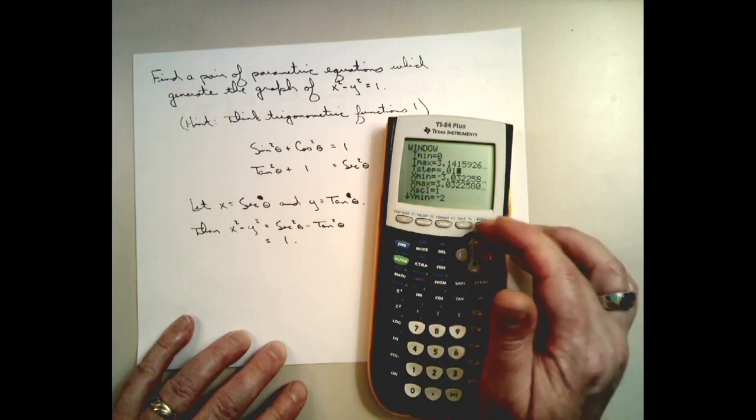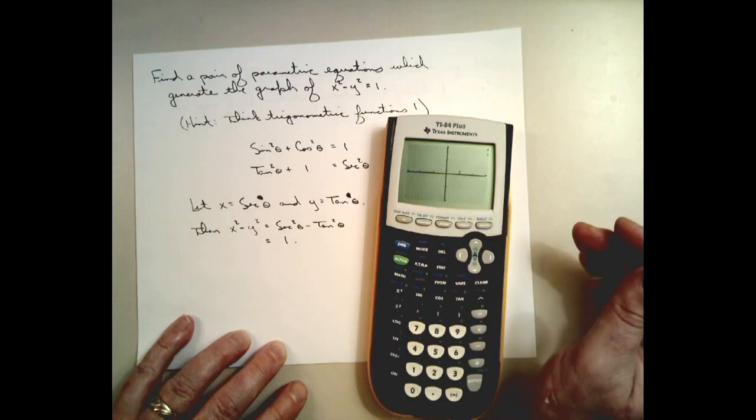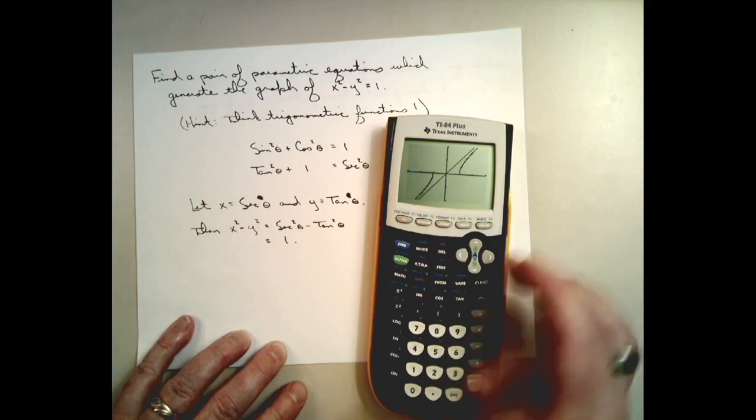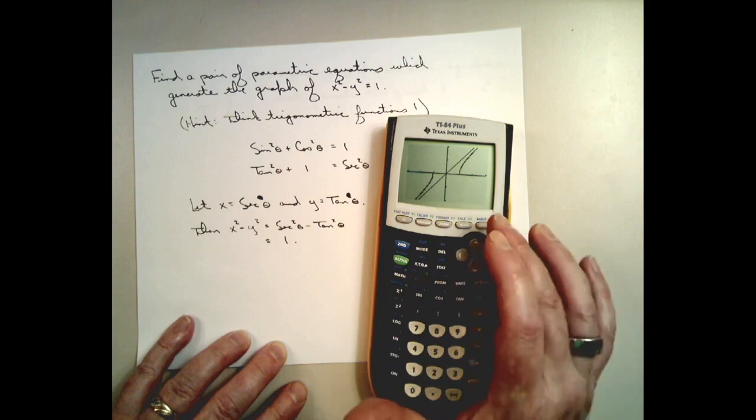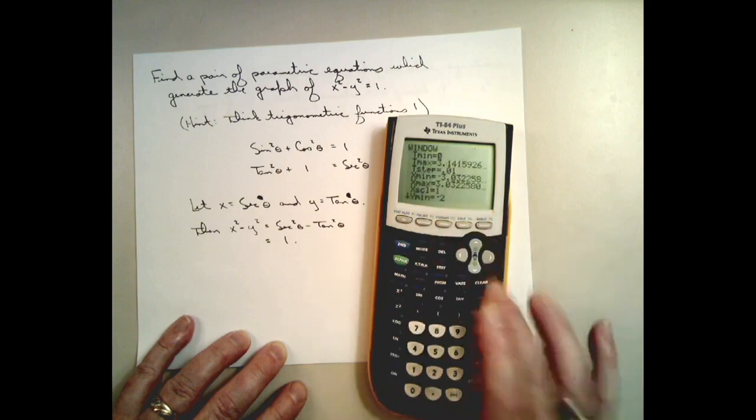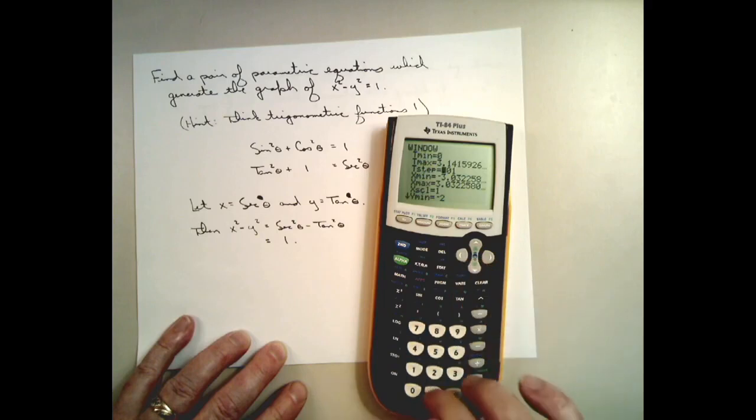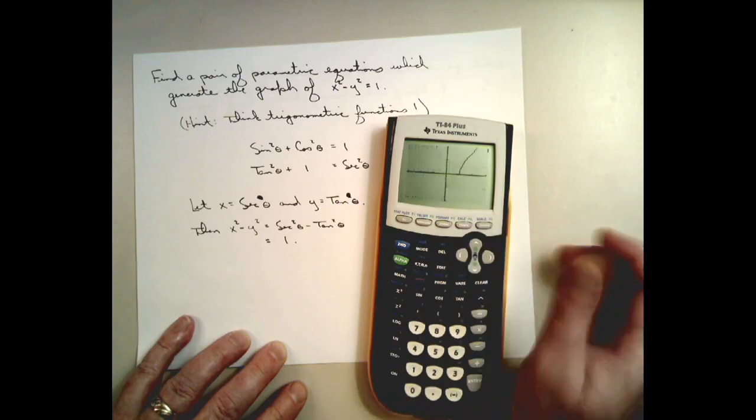So that's going to have the effect of slowing this down, right? It's doing more calculations as it sketches the graph. Now, that might have the effect sometimes of a more accurate sketch, but graphs on calculators are pretty pixelated anyway. So I usually like to keep my t-step at 0.1. It's a pretty good compromise.